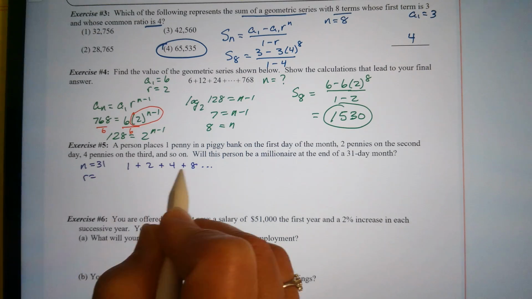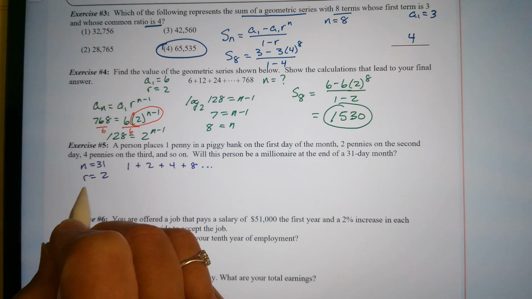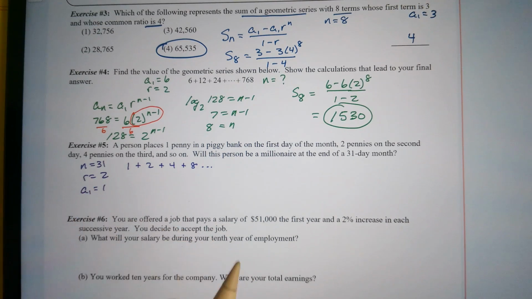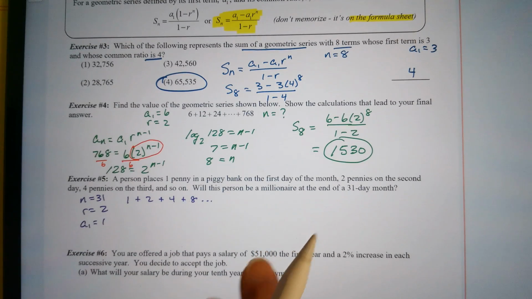R is 2, and we know the first term is 1. Substitute into the formula above.